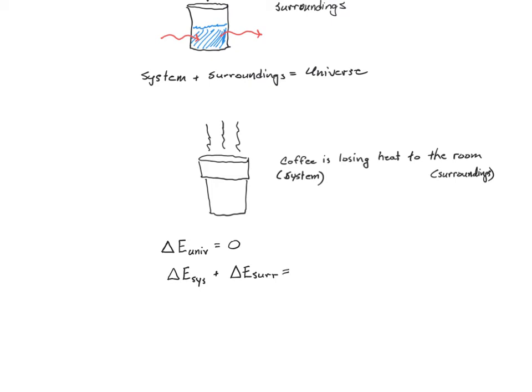Which tells us if the energy change in the system plus the energy change in the surroundings gives us the energy change in the universe, and the energy change in the universe equals 0, that means the sum of these two values must also be equal to 0.